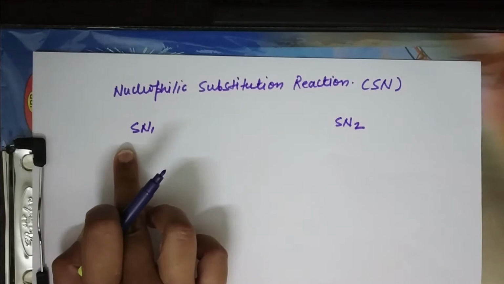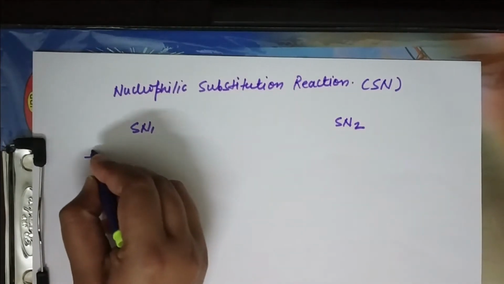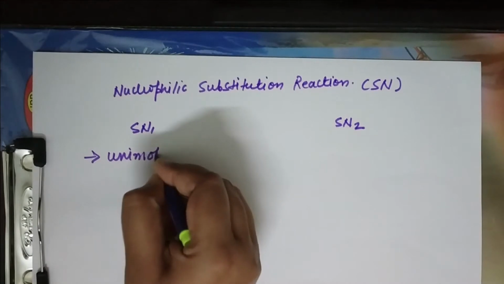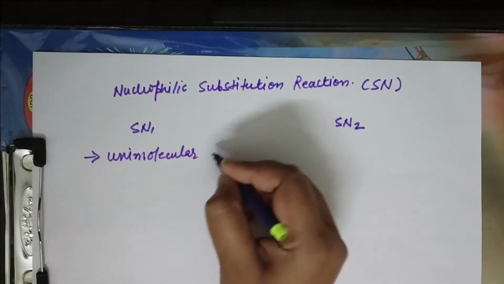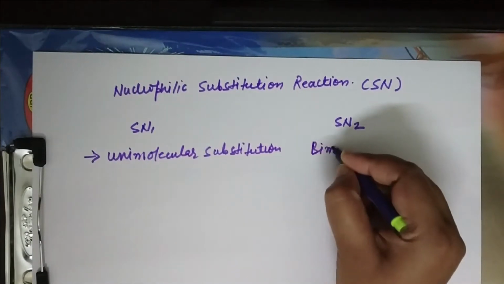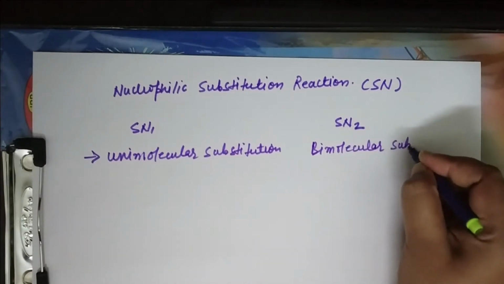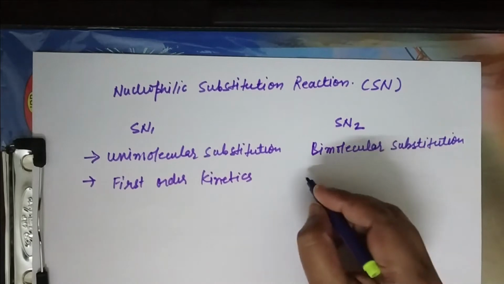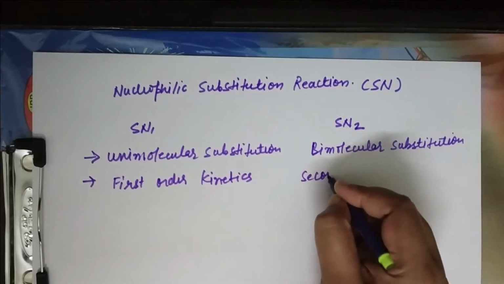SN1 is a unimolecular substitution reaction, while SN2 is a bimolecular substitution reaction. SN1 follows first order kinetics, while SN2 follows second order kinetics.